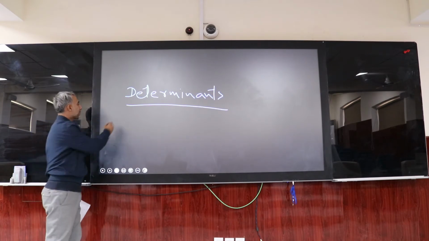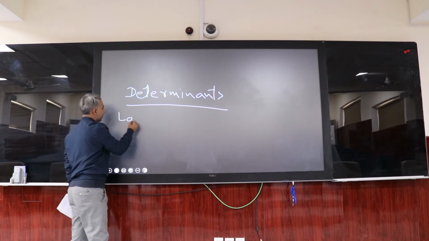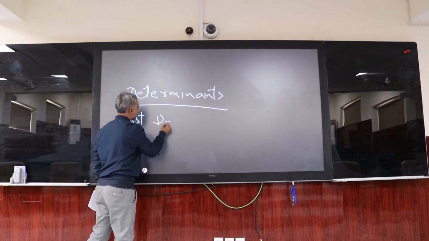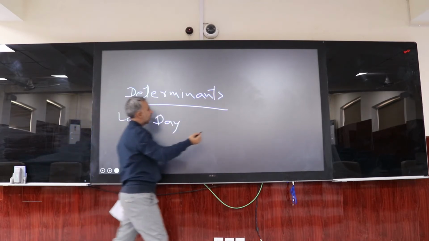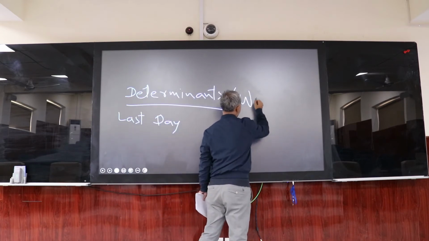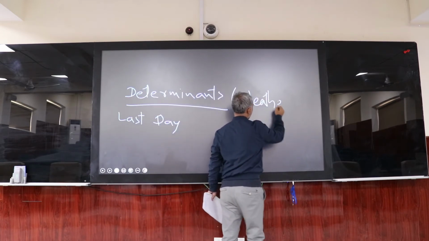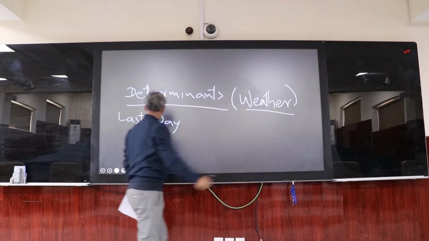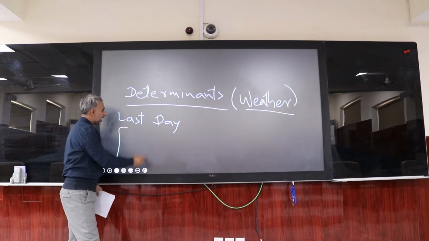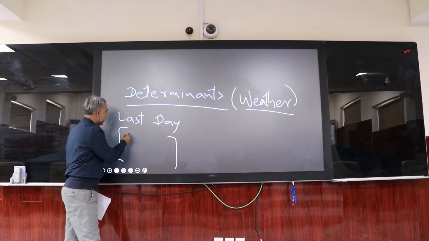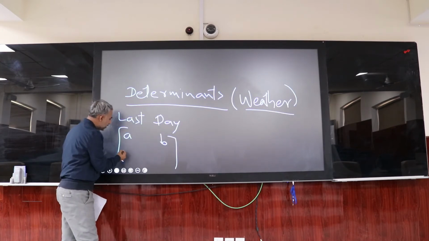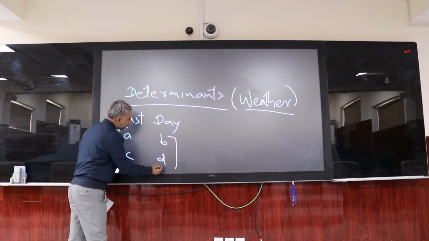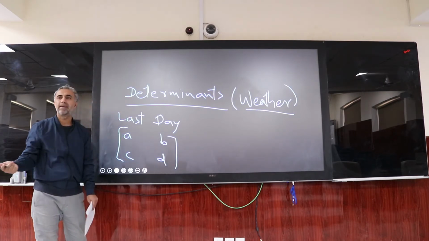For example, last day, some weather. You are talking about weather. There are four elements of the weather: one is rain, another is sunshine, the third is humidity, and the fourth is the suffocation level.